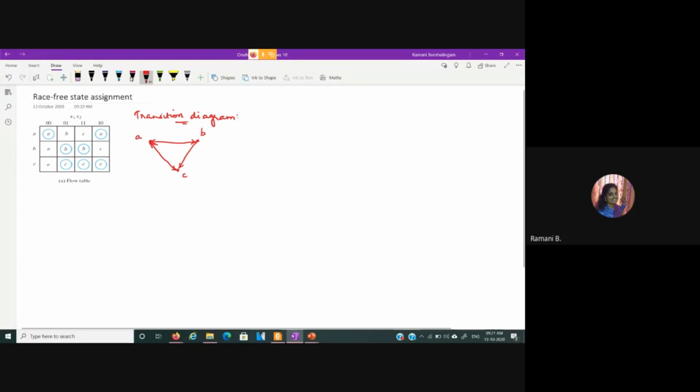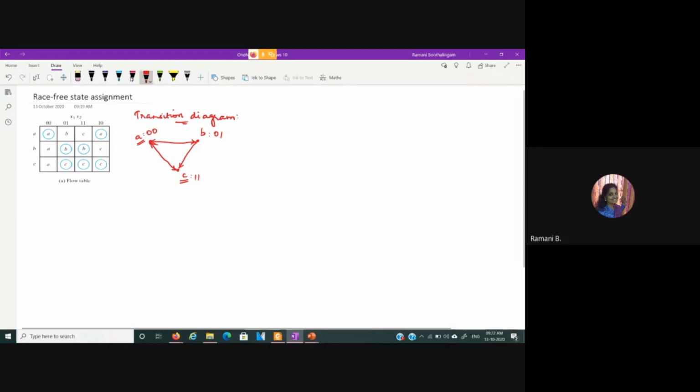So here, if we consider the state assignment to be 0, 0, 0, 1 and 1, 1, you can see that in the A to C transition, two variables are changing values simultaneously, right? If you consider this to be 1, 0, then the B to C transition will actually have two binary variable changes.